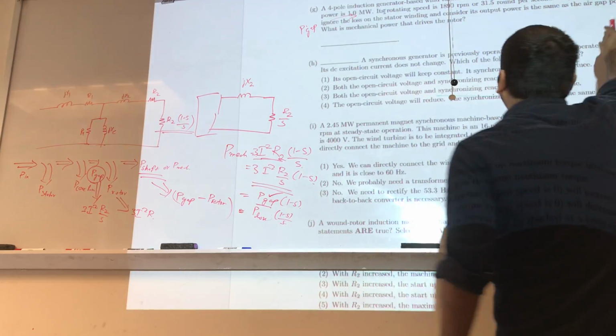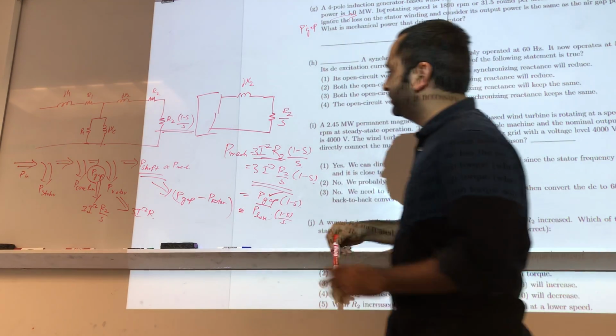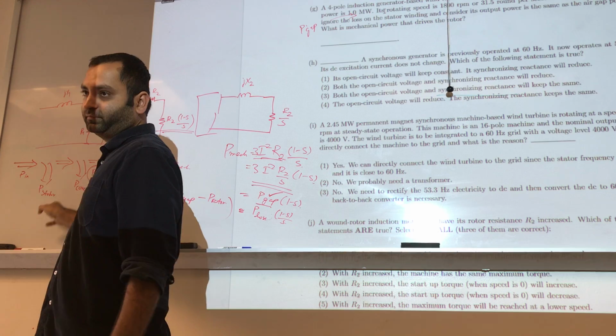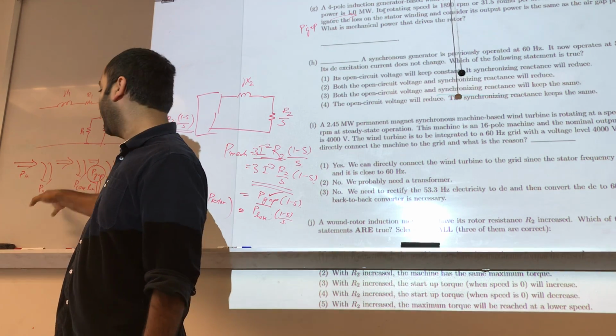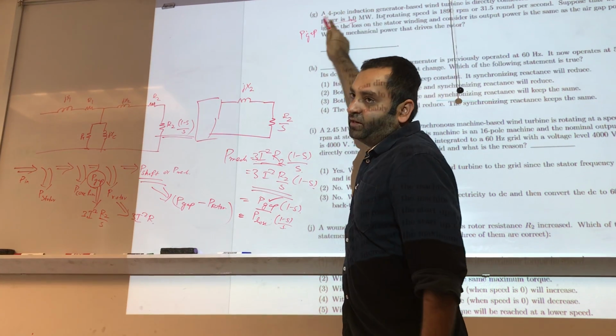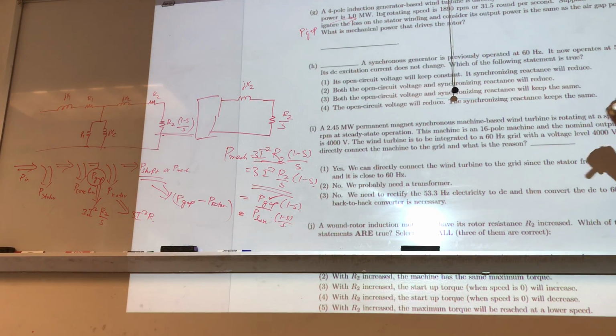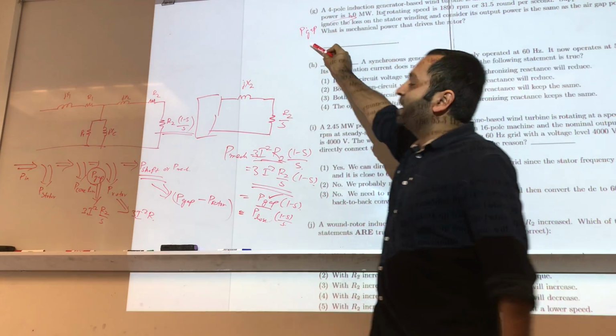It says suppose we can ignore the loss at the stator winding. That means we don't have this loss. But you don't have to use this loss anymore because P gap is directly given here. So whenever the output power is given in the question, that is always equal to the air gap power.